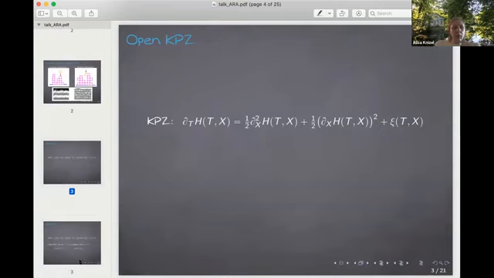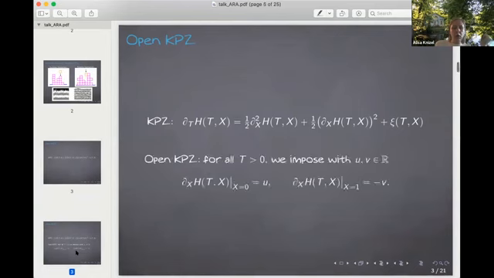So now I will need to say a couple more words about the notations for the open KPZ, the equation on an interval.